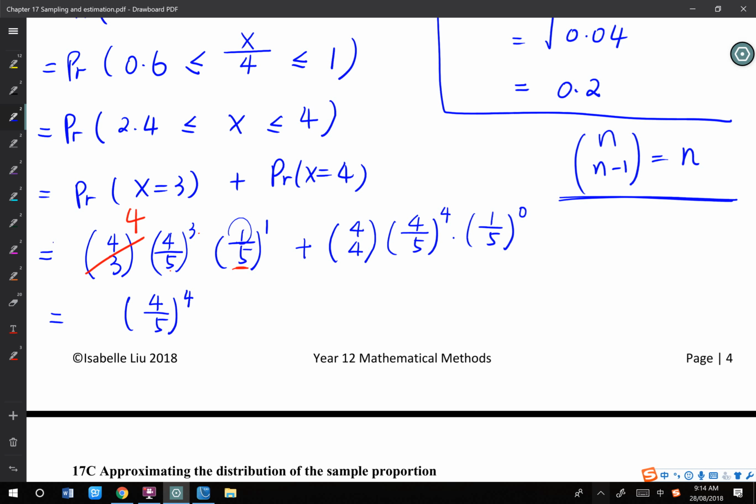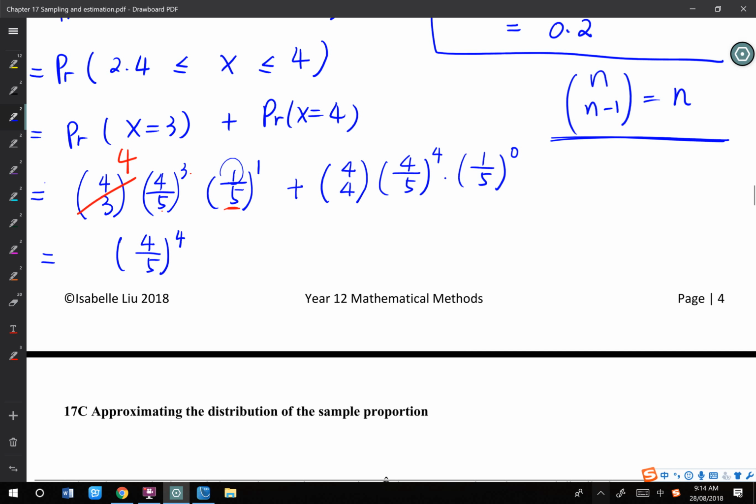Just don't calculate that yet, just put it as this first. And what I have here, that's 1 as well, so what I'll add is another 4 over 5 to the power of 4. So those two probabilities are the same.